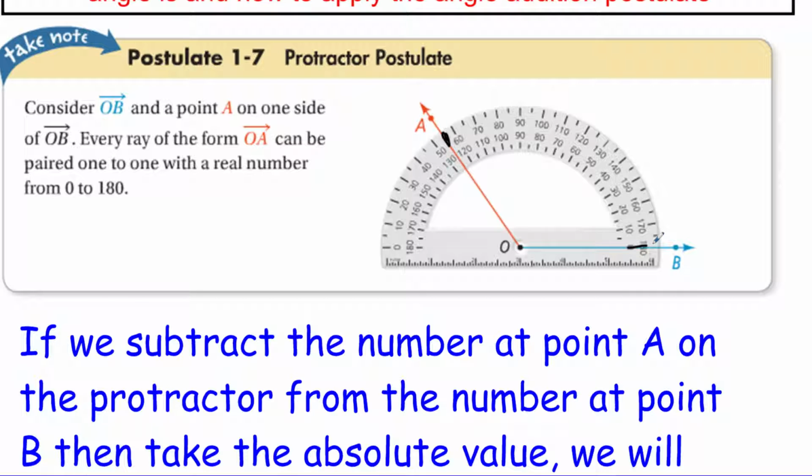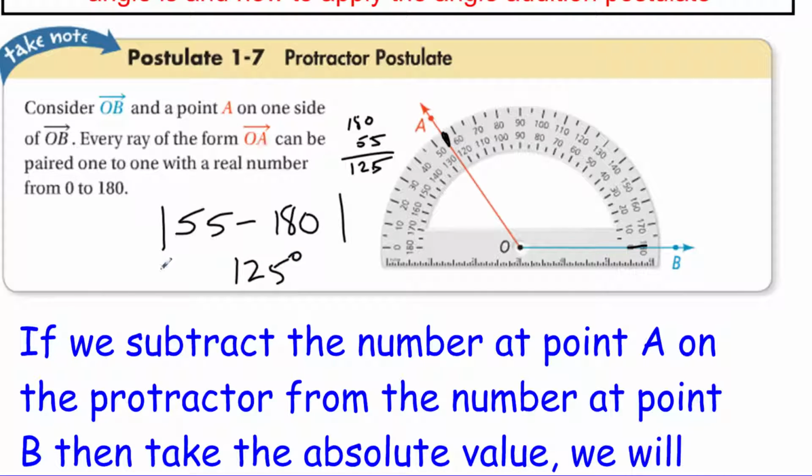So if I were to figure out how many degrees there are, which is the unit we use to measure angles, I would say it would be the absolute value of 55 minus 180. Well, 55 minus 180, let me make sure I don't get my math wrong. Okay, that looks like 125. So the absolute value of negative 125 is 125 degrees.